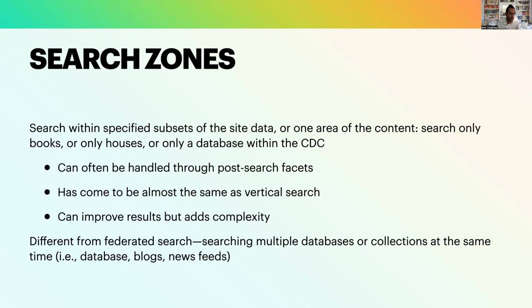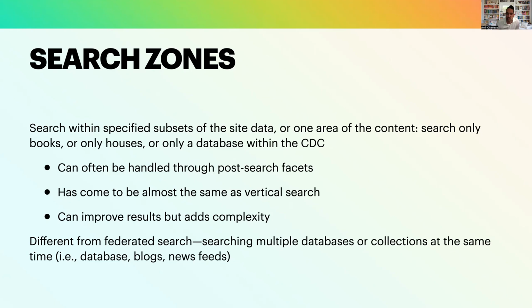Like for the university website, for instance, we have a search which only looks into policies and procedures. So when a person types in, it doesn't bring all the information from different sections of the website, it's just policies and procedures. Policies and procedures in this case would be a search zone. You're searching within a very specific zone.